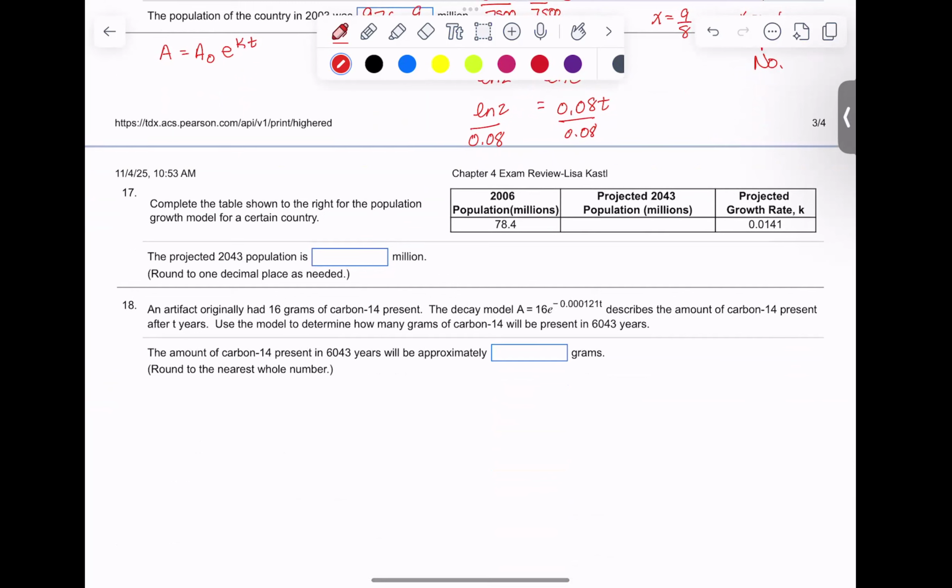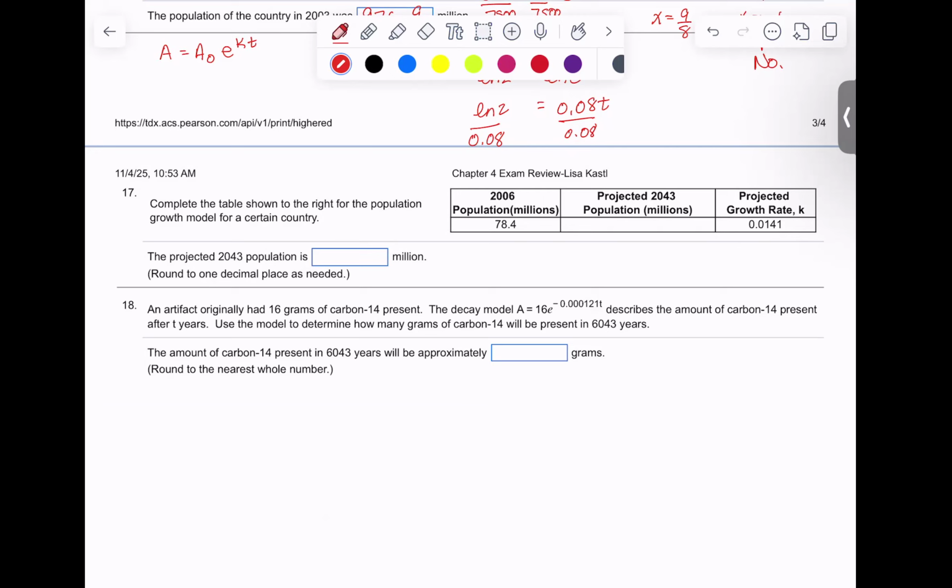All right, now the next one, you're actually going to have to do some calculation. So what are we doing here? Flip my page over. Complete the table shown to the right for the population growth model for a certain country. The initial population in the year 2006 is 78.4 million. We want to know what it's going to be in the year 2043, and they give me a growth rate of 0.0141.